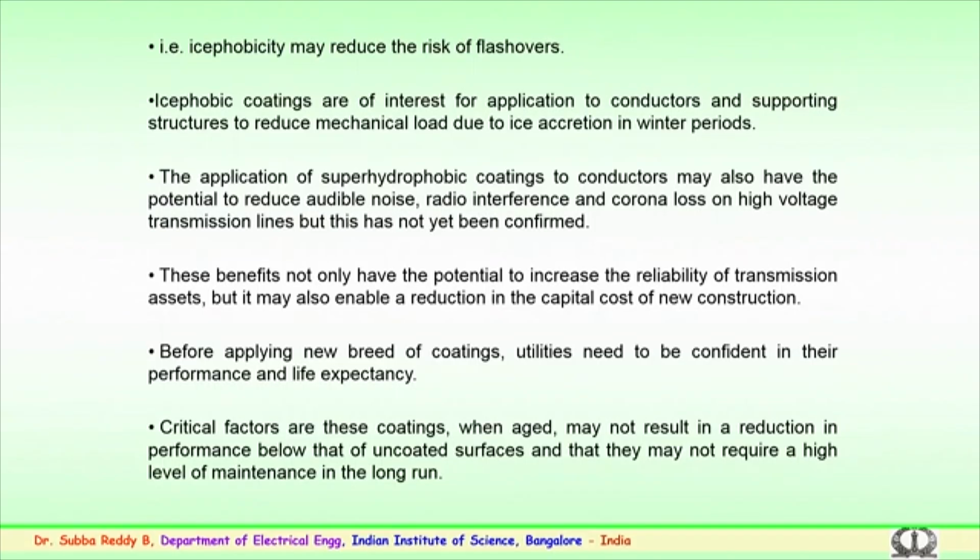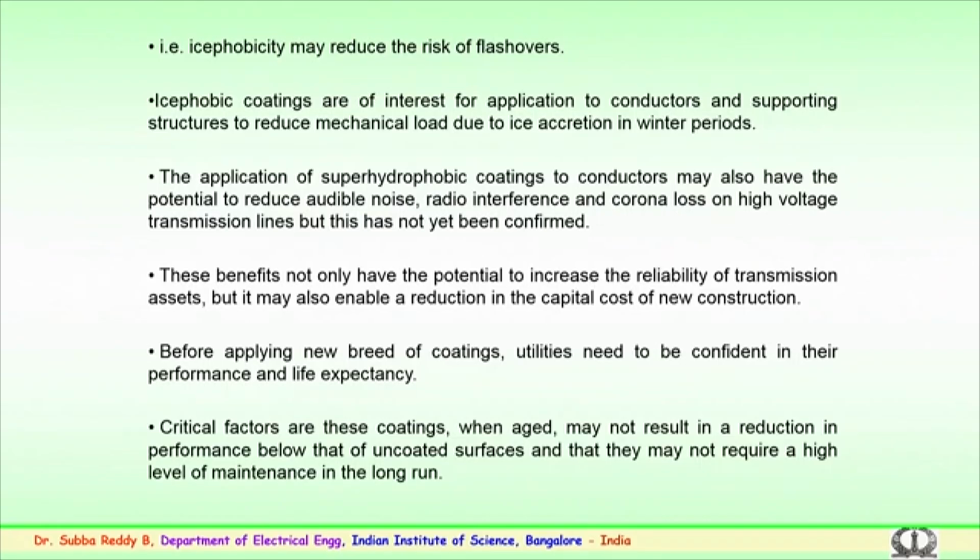So, better prior information and aging characteristics of the coatings have to be studied and implemented in the field conditions. So, critical factors for these coatings, in particular when aged over a period of time, are the environmental conditions, and the long-term performance should not result in a reduction in performance below that of uncoated surfaces, which may not require a high level of maintenance in the long run.